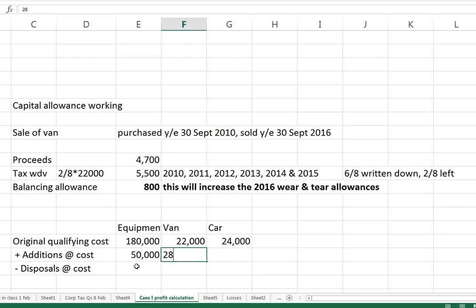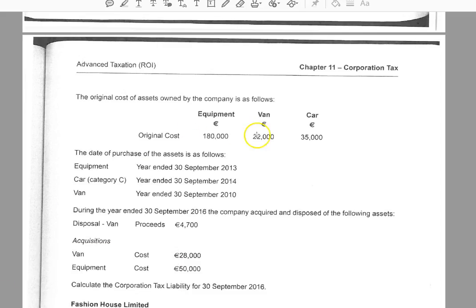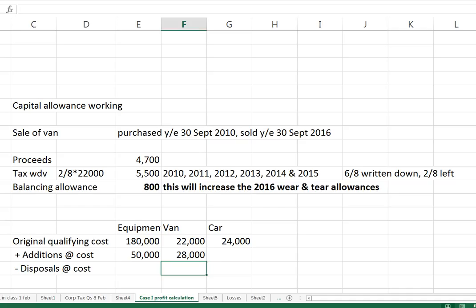And the van, a replacement van for the one that was sold, 28,000. And then we sold a van. So we sold this van that we originally had. It tells us here, during the year they acquired the van. And what you put in there is the original cost of the van. So we take out the original cost. So that cancels out those 2.